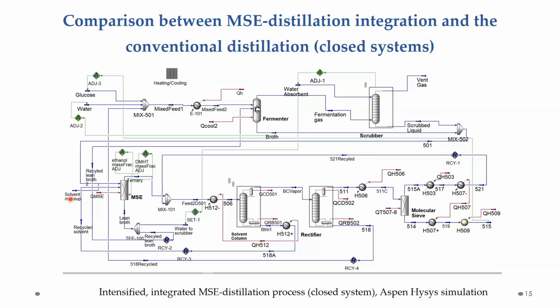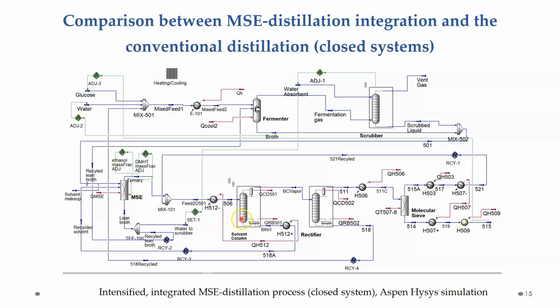With the MSE added and integrated, the separation process changes from ethanol water separation to ethanol DMHT water ternary separation. Accordingly, the operating conditions of the two distillation columns are different between the two processes.